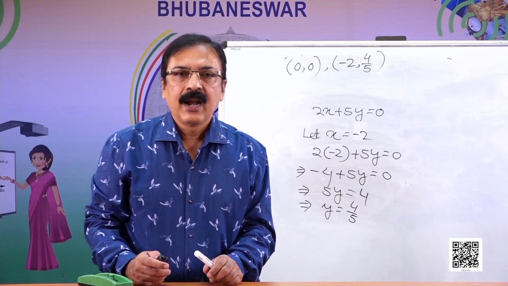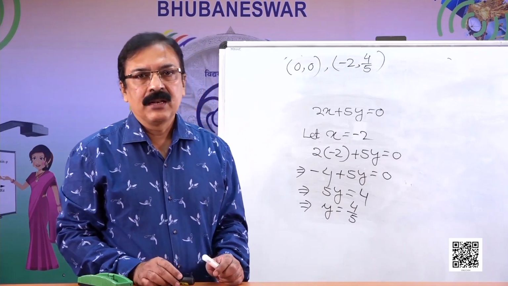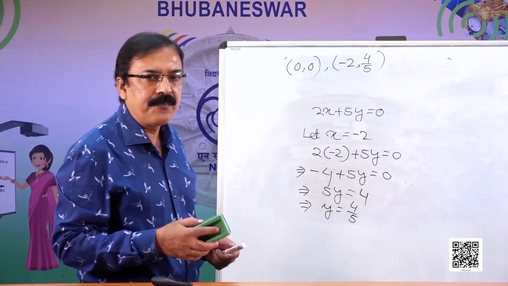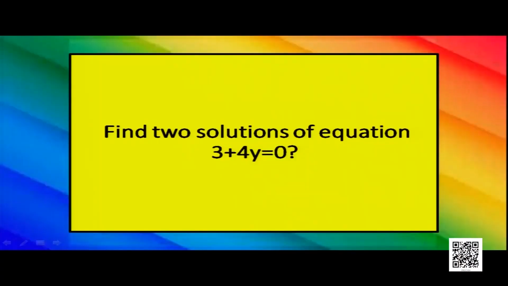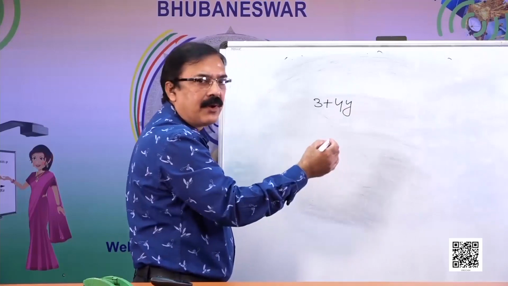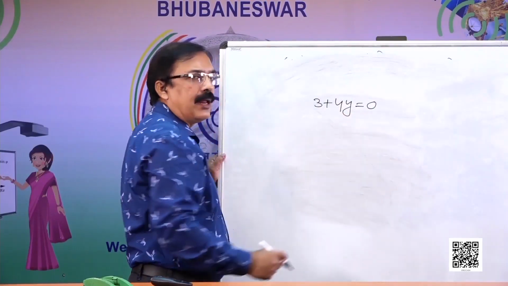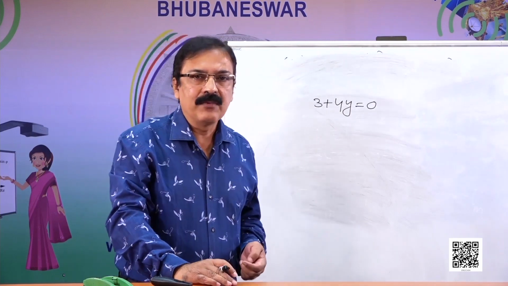Let's find another equation. Here is a different type of equation. 3 plus 4y is equal to 0. If it is 3 plus 4y, then this is 3 plus 4y is equal to 0. Here this is an equation in one variable.